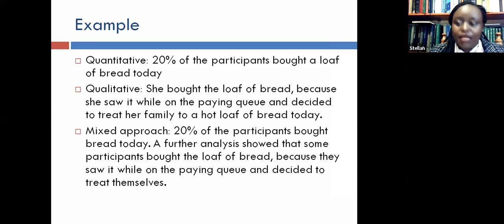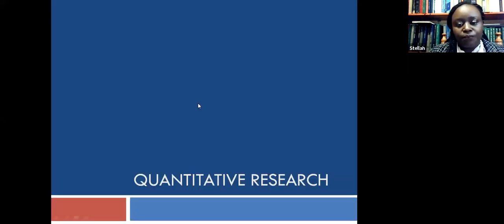But for the mixed approach, you have both: I'm bringing the number of 20%, and you also have the qualitative, whereby you're trying to explain how that 20% comes in. So I think that brings a clear understanding of what we mean by quantitative and qualitative research. But like I said, the main word that should be ringing in your head is numbers, numerical expression.